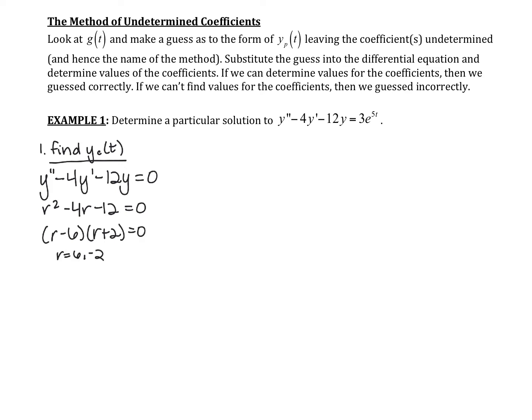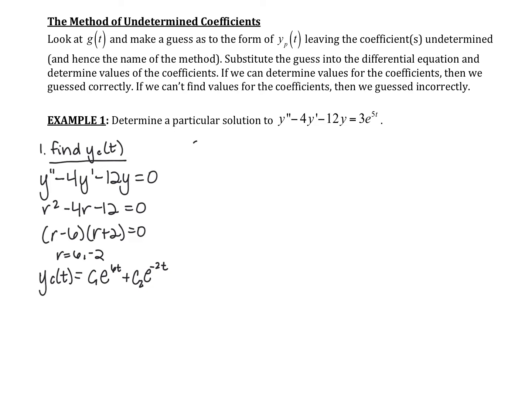So distinct real roots. What does that make my solution? C1 e to the 6t plus C2 e to the negative 2t. That's what we call our complementary solution. So this is part of my general solution, but it's just part.